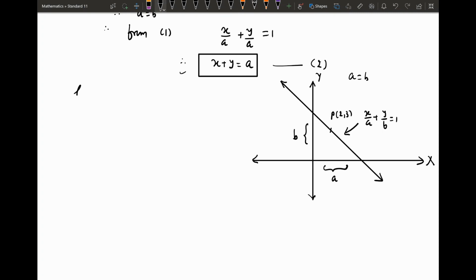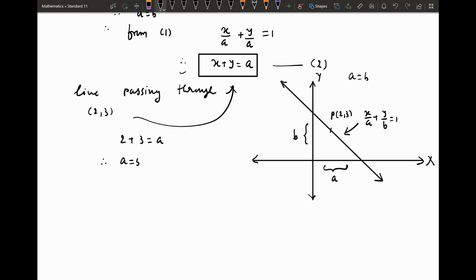Now the line passes through (2, 3), so its coordinates must satisfy this equation. So take x equal to 2, y equal to 3, and we obtain a equal to 5.